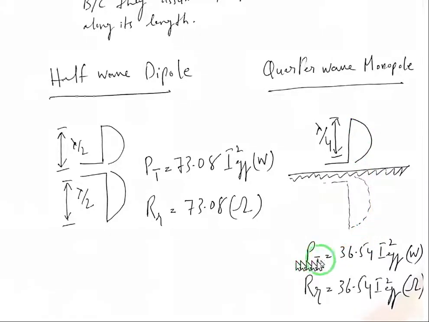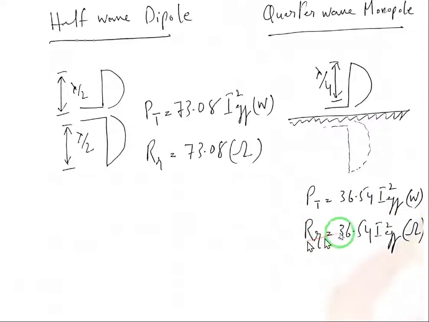The power derived for a quarter wave monopole is equal to 36.54 times the effective current squared, and the radiation resistance equals 36.54 ohms.